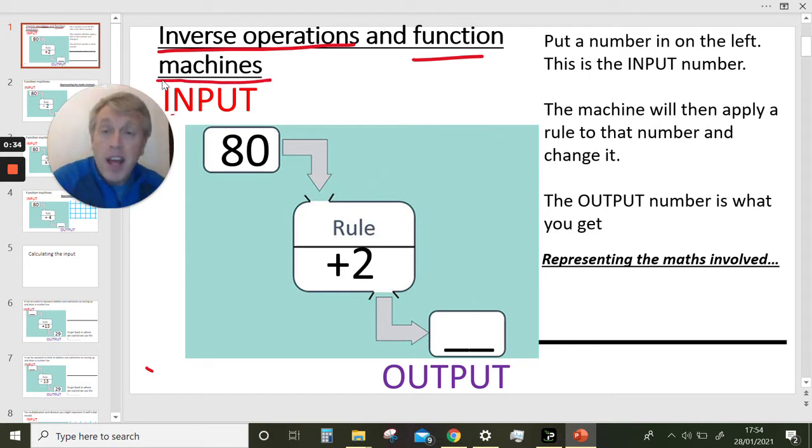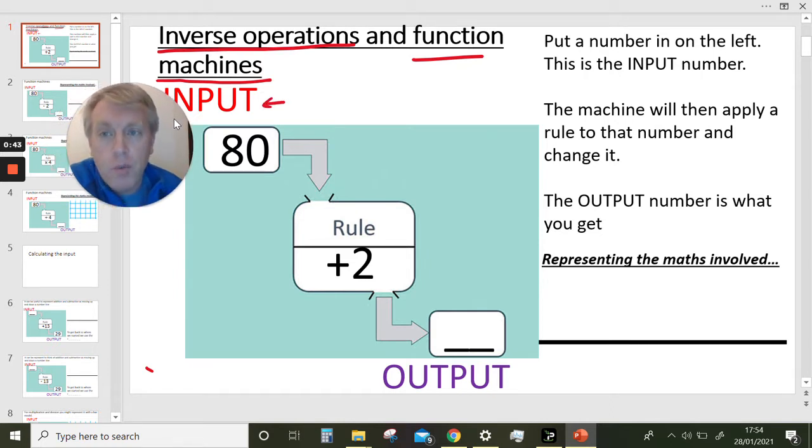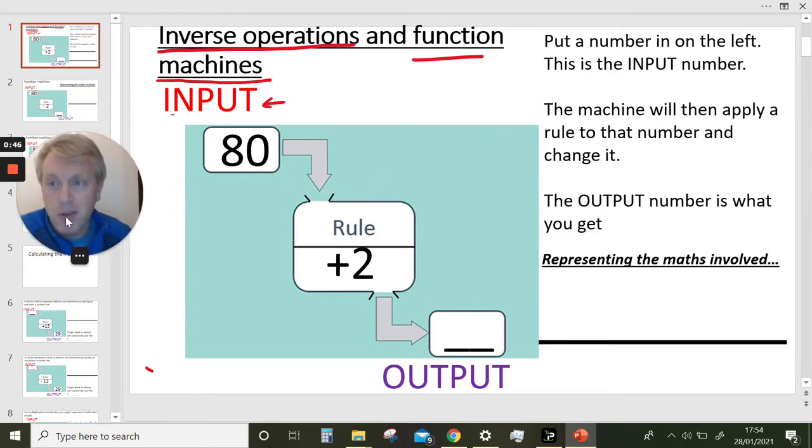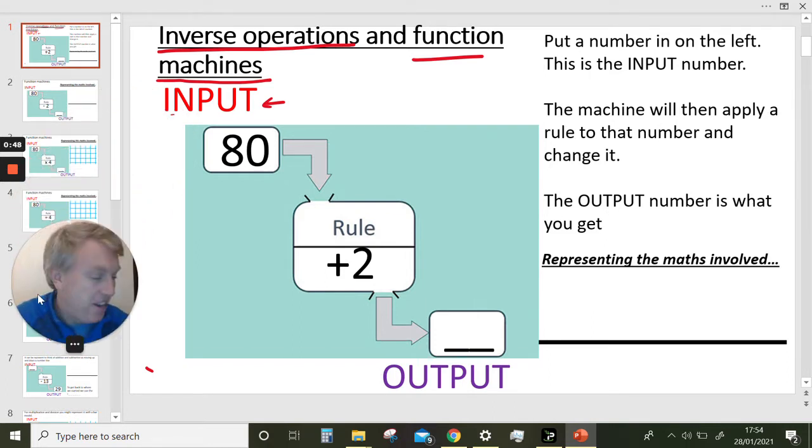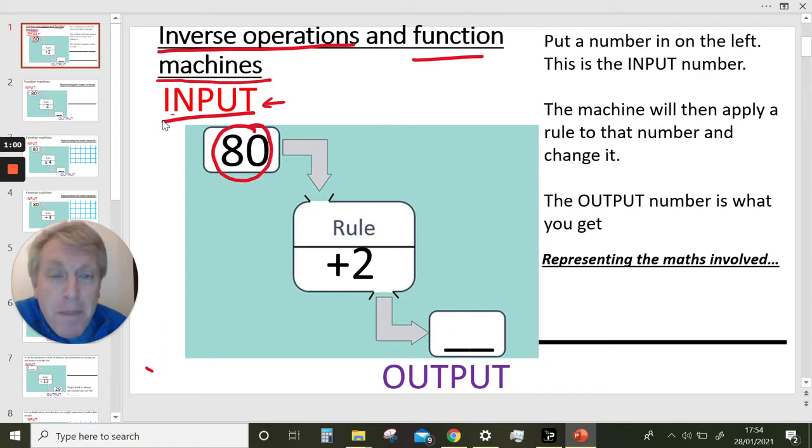are. So, in a function machine, we'll start over here. Perhaps we'll start with the input. Let me just move myself out of the way. We'll start with the input here, and our input number is 80. 80 goes into the machine, and then the machine will apply a rule to that number and change it.